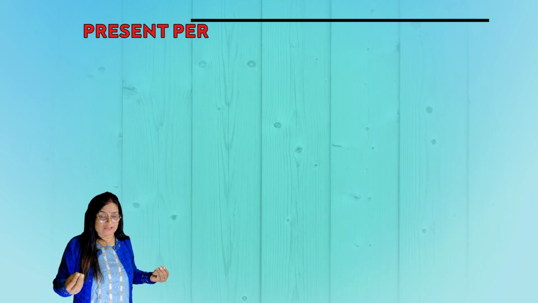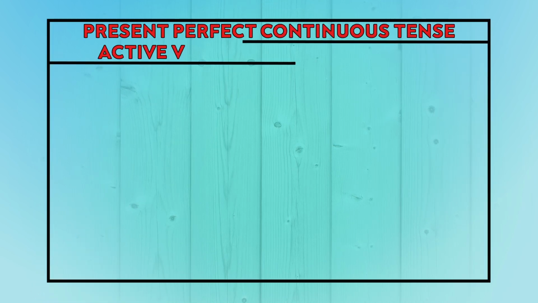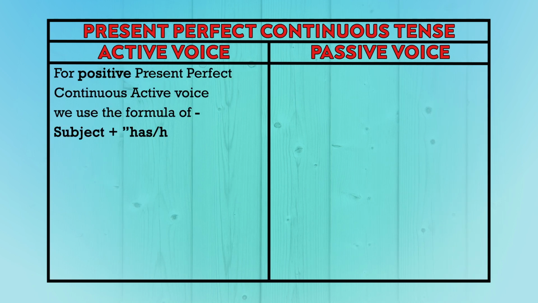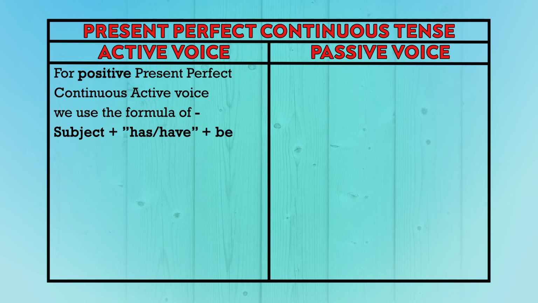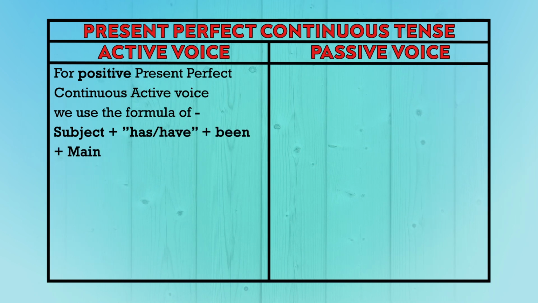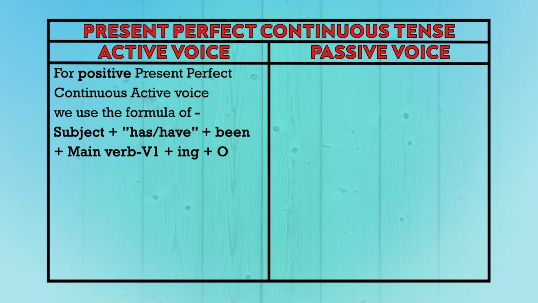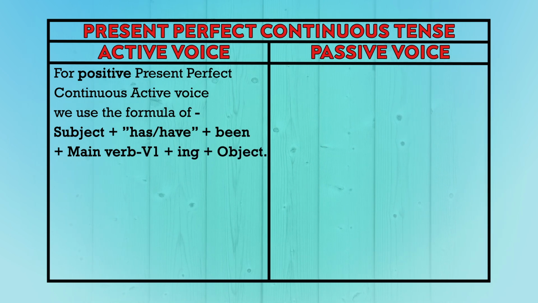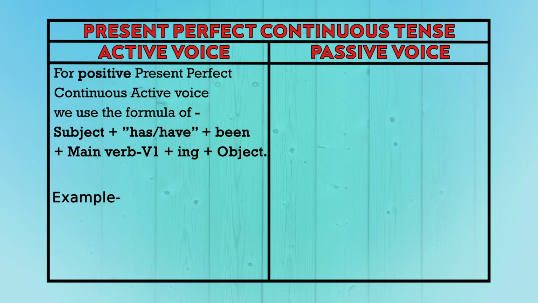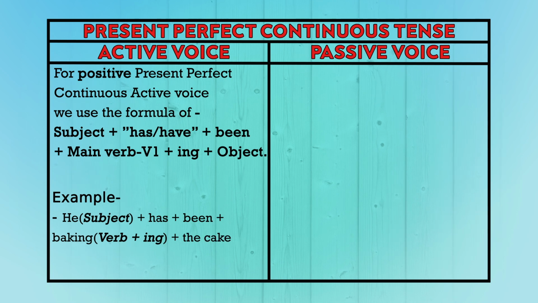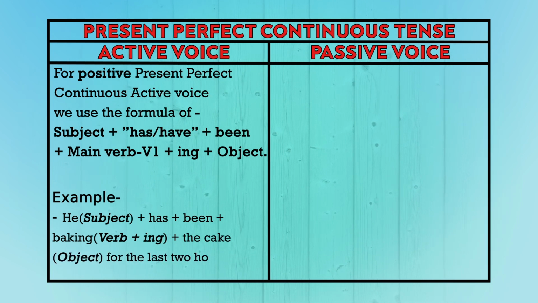Now you see what the structure of this is: subject plus have or has plus been plus main verb plus ing plus object. That means, he has been baking the cake for the last 2 hours.